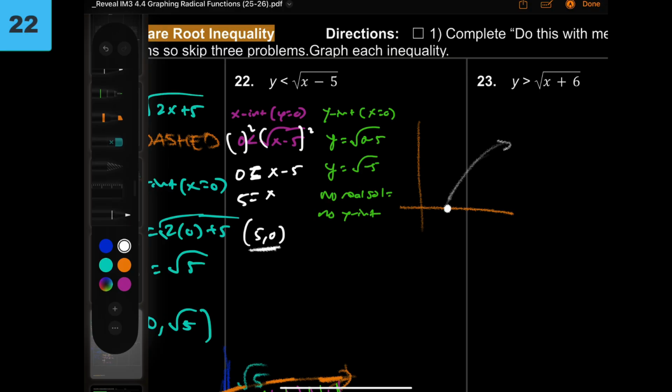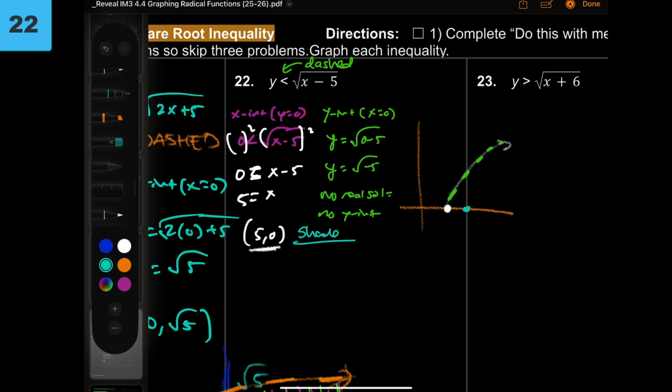And then this one is just less than, so it's going to be dashed. And then let's go ahead and test our shading. We can test (0, 0) here.